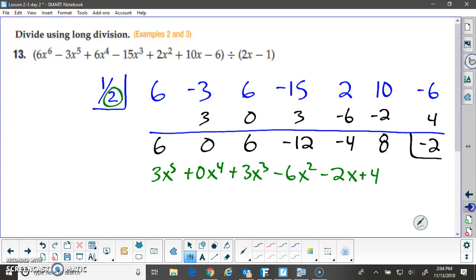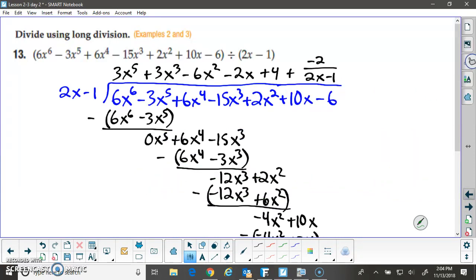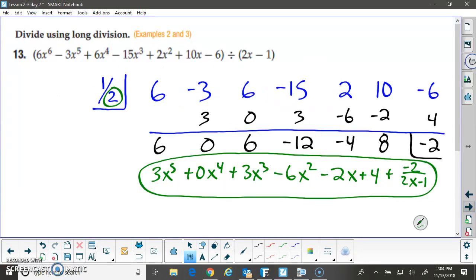Now you don't divide the remainder, so we're still going to use the negative 2 over the 2x minus 1. So that would be the result. That's the same answer we get using synthetic division as we get using long division. So remember to do that if you've got a fraction in your box using synthetic division.